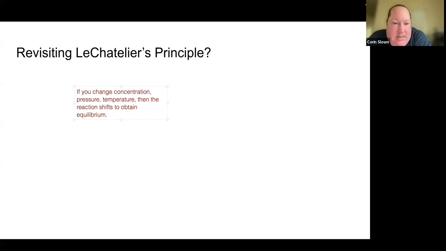So if we think about, say, for example, changing the concentration. So if we think about a simplest case scenario, in my simplest case, I'm going to have my reactants, and I'm going to have my product.